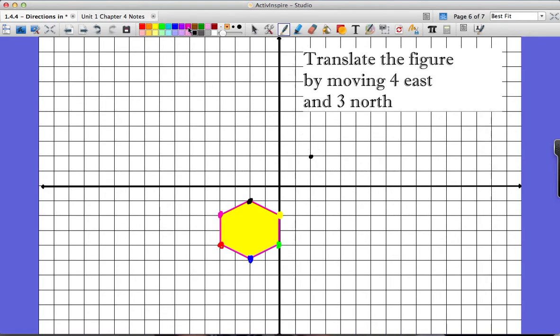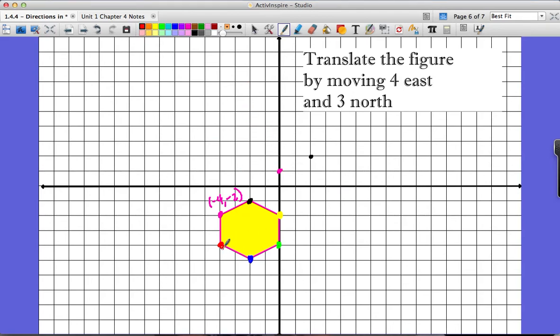Now I need to move the second one, which is at -4, -2. So 1, 2, 3, 4 gets me back to the y-axis, which makes sense because -4, -2 brings me back to the y-axis here. And then I need to go up 3. So 1, 2, 3 makes sense because at -2, plus 2 would get me back to the x-axis, plus 1 would move me up 1.